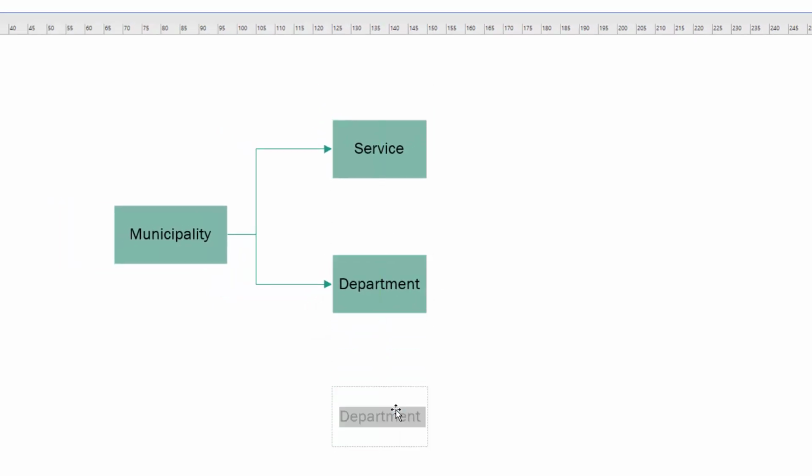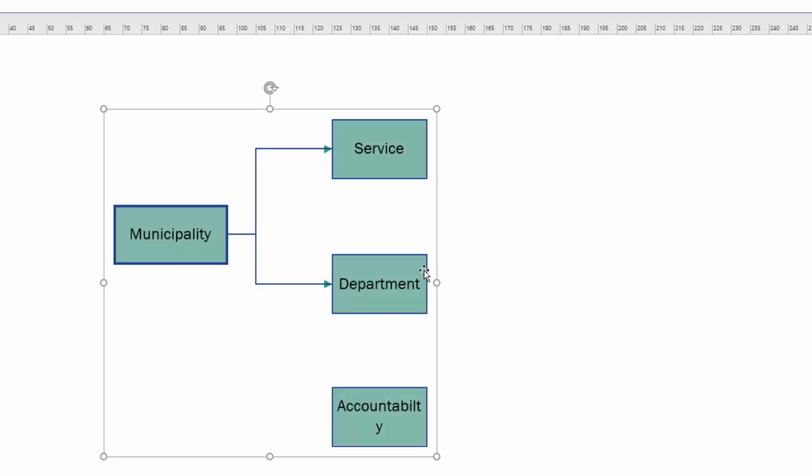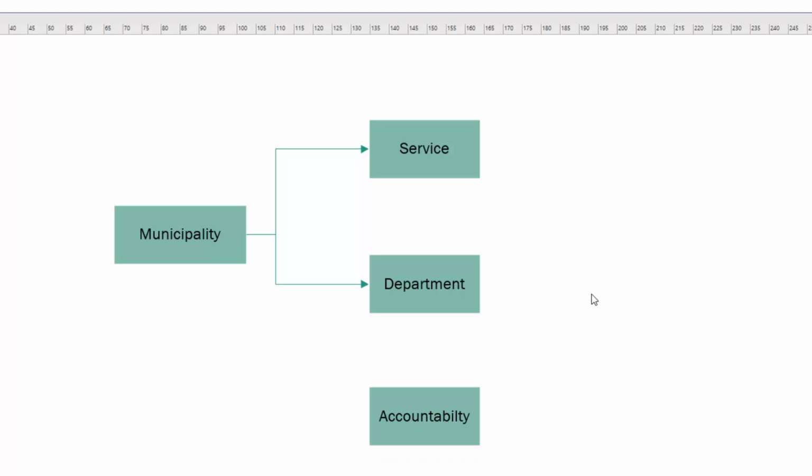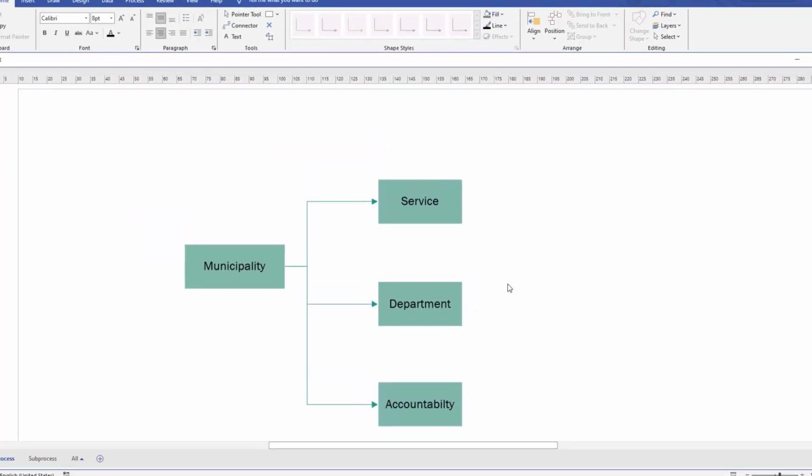Someone will say, well, we also need to consider accountability of a municipality. And what I'll do here is I'll just stretch this a little bit because it looks like I'm going to be using a lot of long words. So I'll start really simple. What do you want to understand about services? So, of course, there are different types of services.